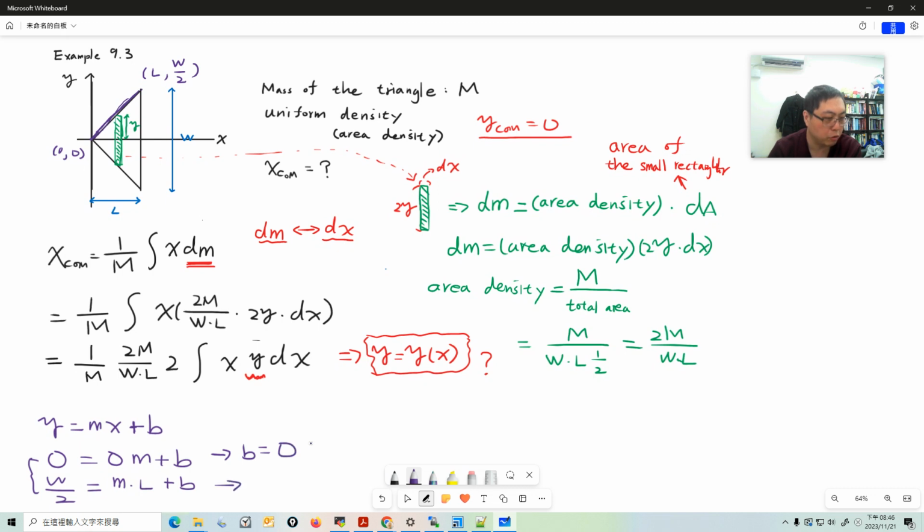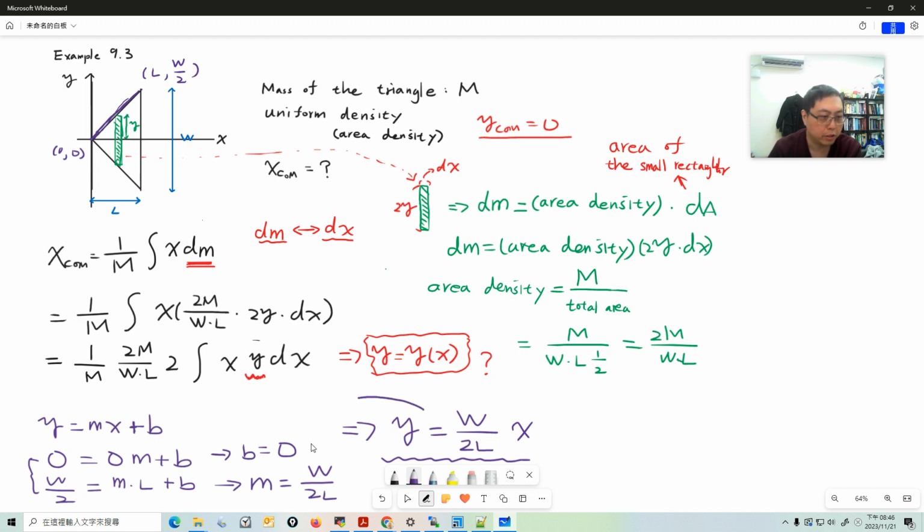So b is 0. So what's the m? M is equal to W over 2L. So we finally find the relation y is equal to W over 2L x. So we find the relationship between y and x.